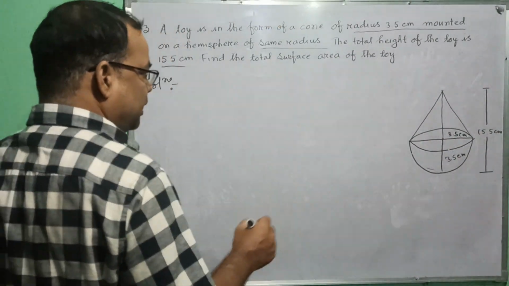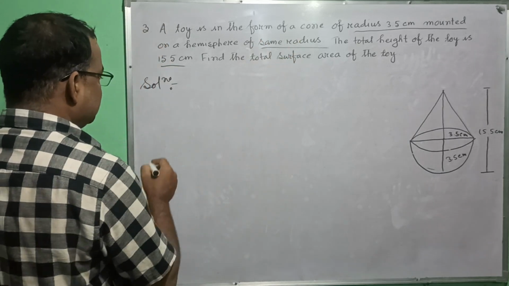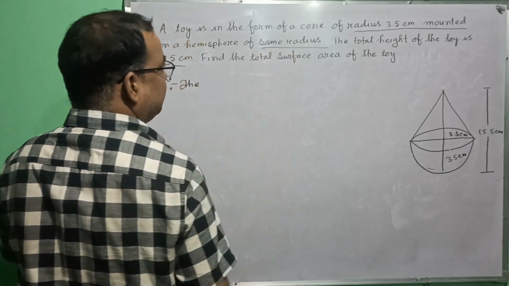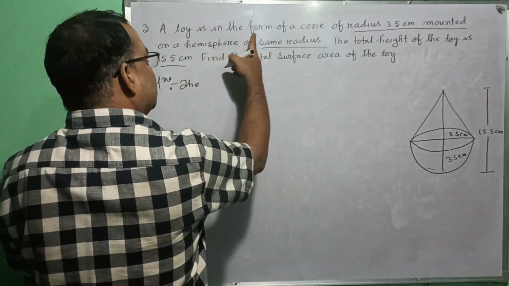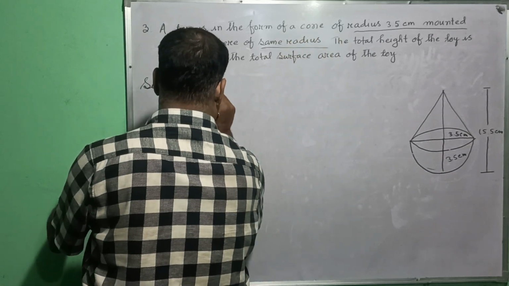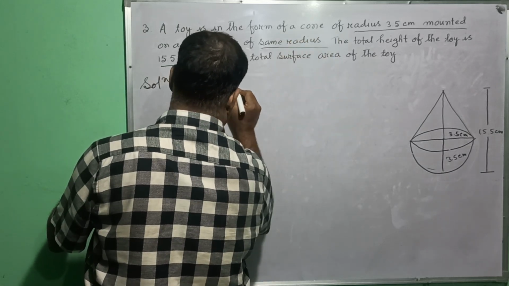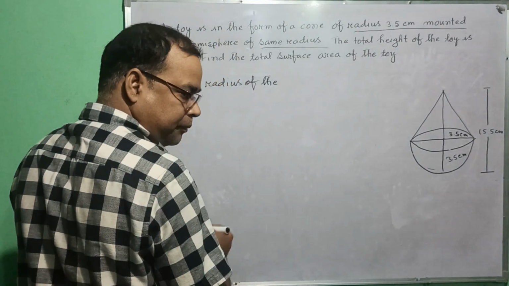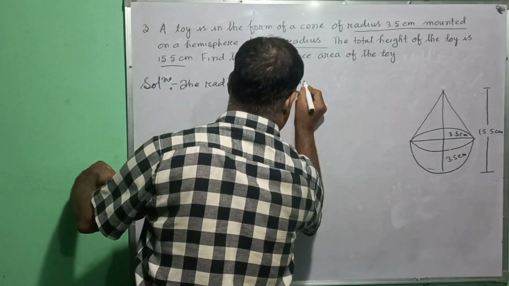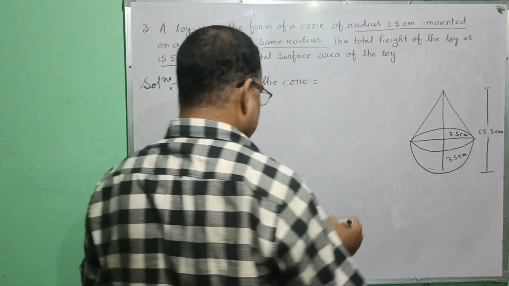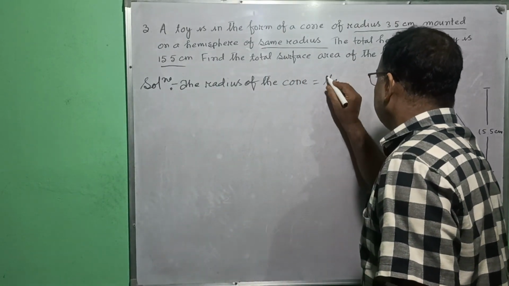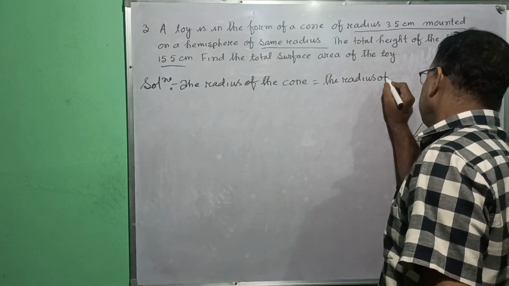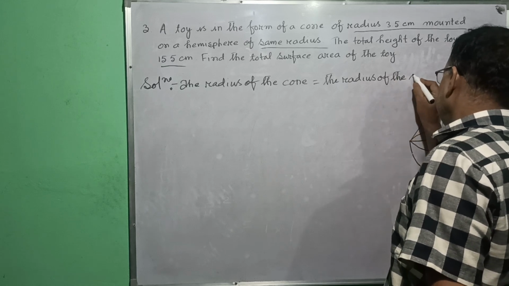Now one by one we'll write. First, the condition we'll write. The radius, as it is given, we'll write the radius of the cone equal to the radius of the sphere.